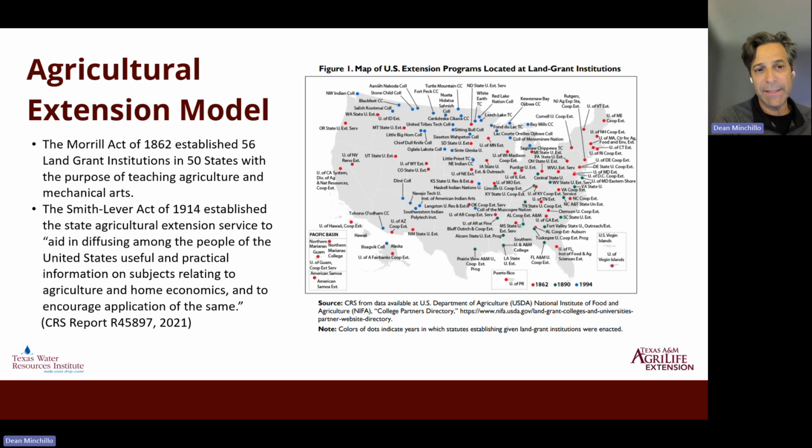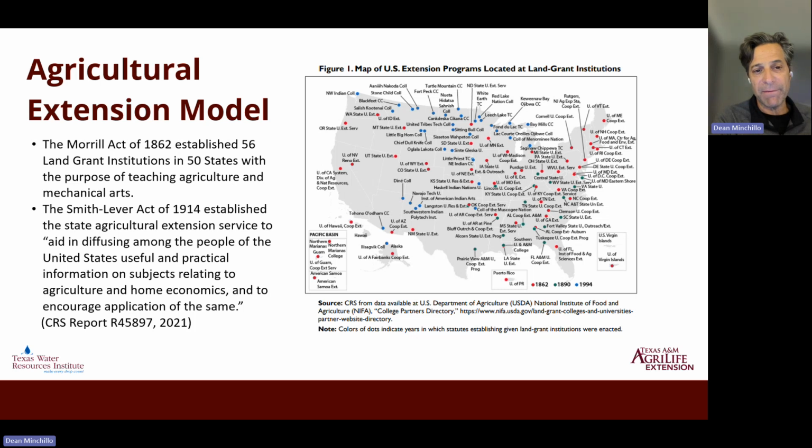In 1862, the Morrill Act started the whole process of the extension model for teaching folks how to do agriculture in better and more efficient ways.